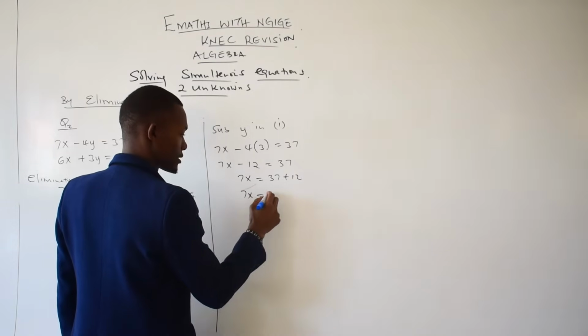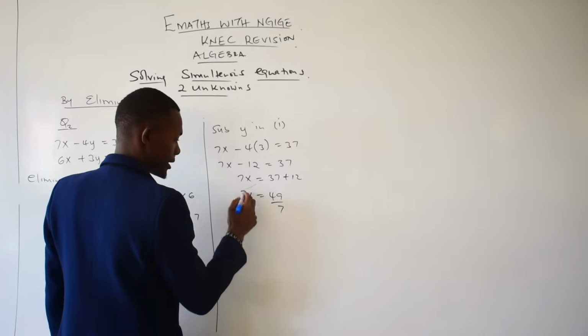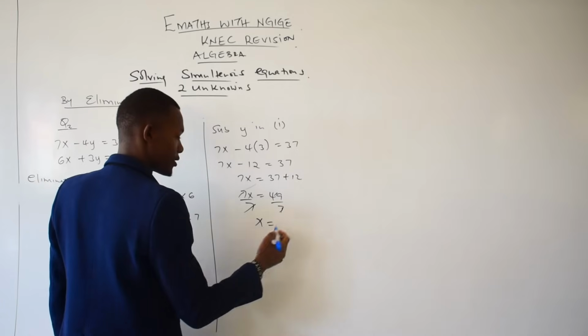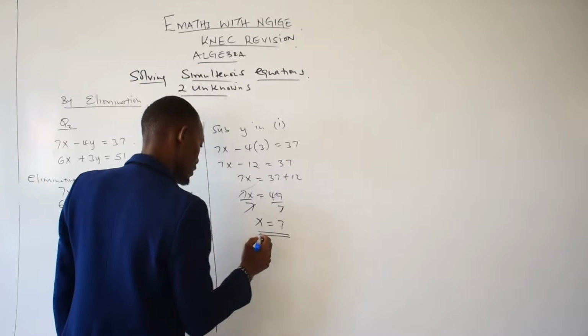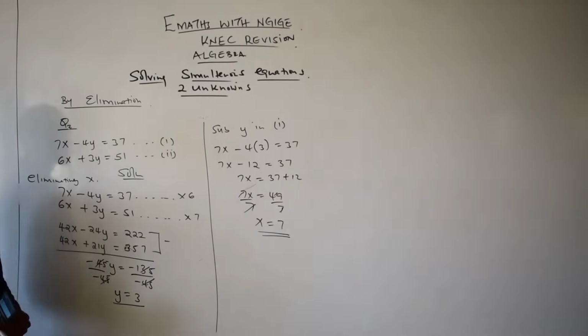So you have 7x equals 49. Then you divide by 7. Therefore, the value of x is 7. And simply, that is how you can handle any equation of two unknowns using either the substitution or elimination method.